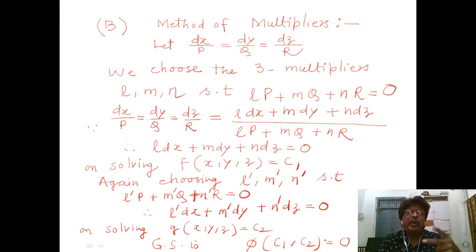You get two different sets of solutions, f of xyz equal to c1 and g of xyz equal to c2. General solution is phi of c1 comma c2 is 0. That is the methodology. In the next lecture, we shall solve the examples based on this.